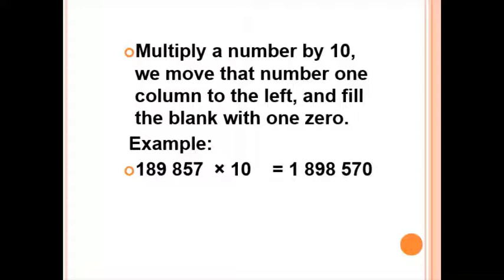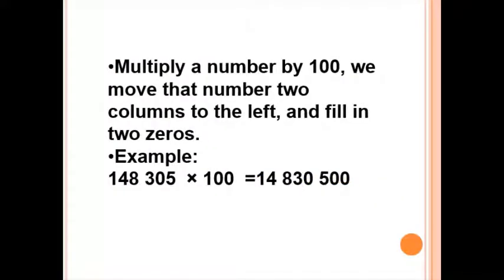When we multiply it by 10, it moves one column to the left, and now it comes to the millions column. And what we have done with the blank column is that we have filled it with 0. So you must know that whenever we multiply a number by 10, we simply put a 0 with it. So this is the way by which we can multiply a number by 10.